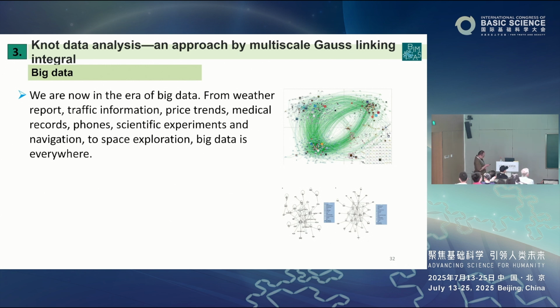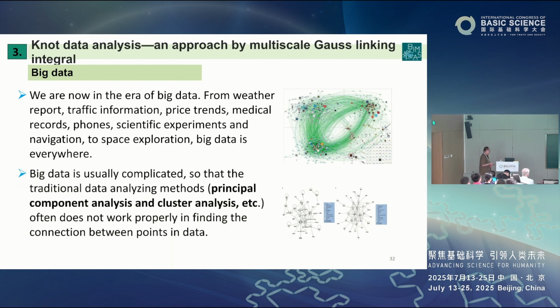So now we come to the third part. We are now in the era of big data, from weather reports to space exploration. Big data is everywhere; we can see it every day.